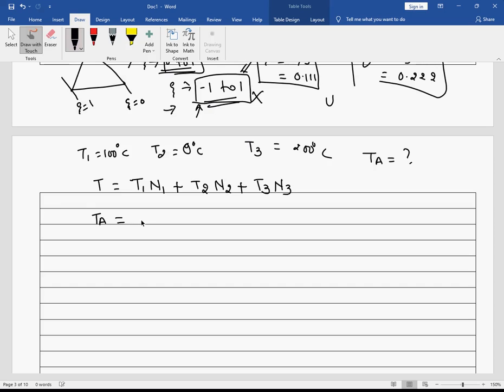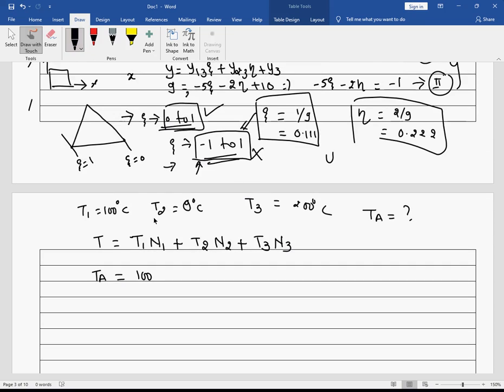So I can write TA is equal to T1, which is 100, times N1, which is zeta, plus T2, and my N2 is eta, plus T3, and my N3 is 1 minus zeta minus eta.